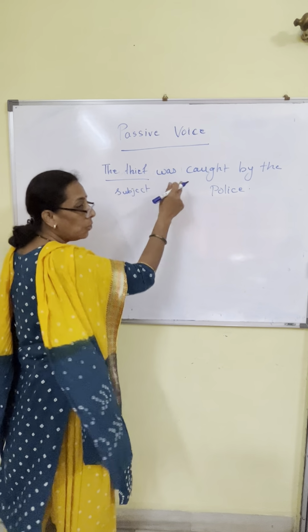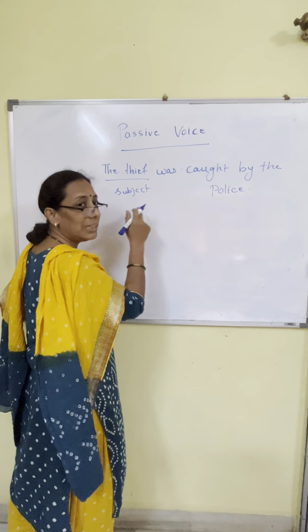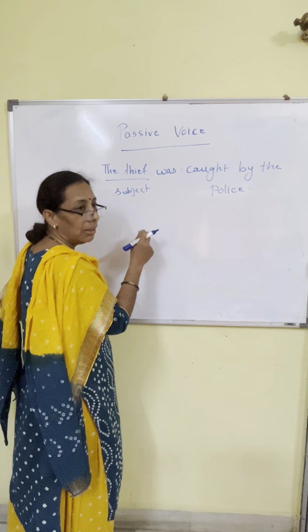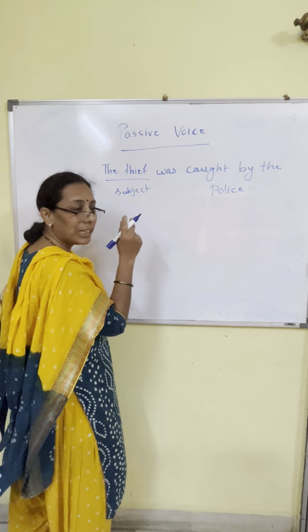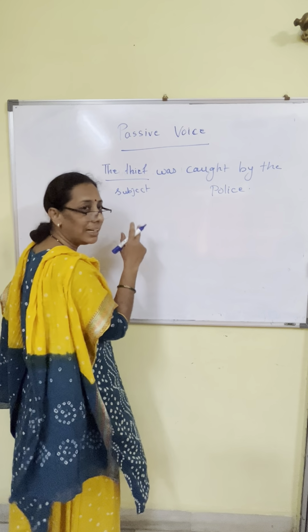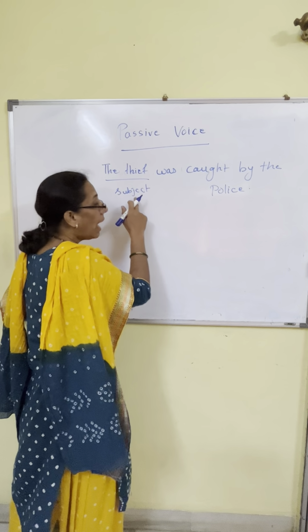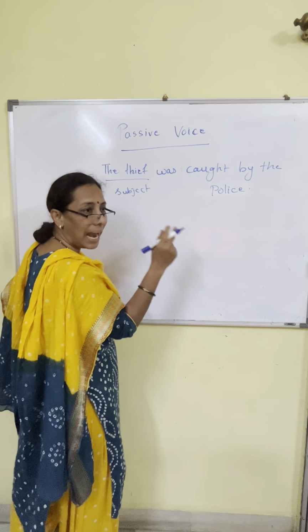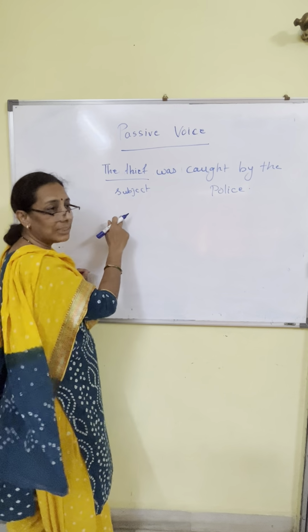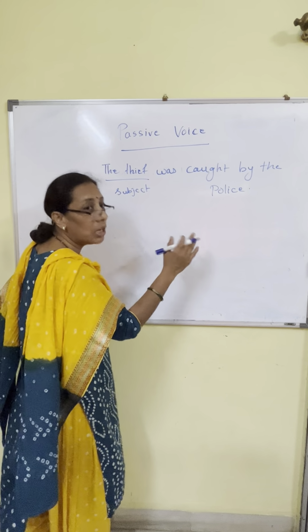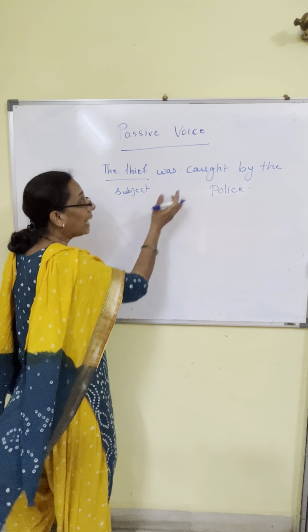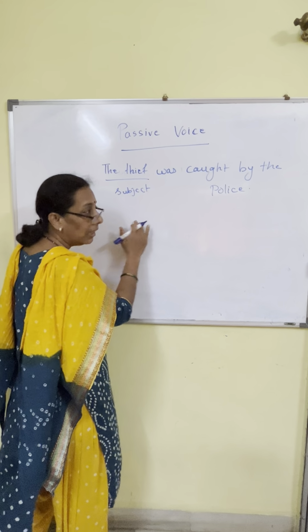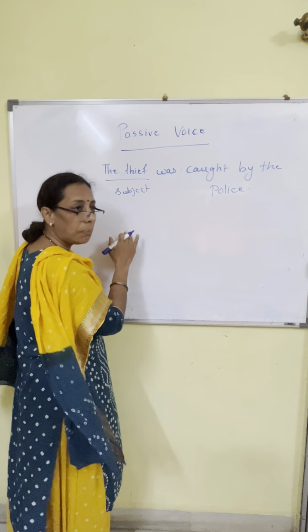No. Is the thief doing any action? No. Is the thief doer here? What do you mean by doer? When the subject is doing something, it is the doer, or a doer of any particular action. So in this sentence, the thief is not the doer because thief is not doing anything, but action is done on the thief. The thief is caught by the police.